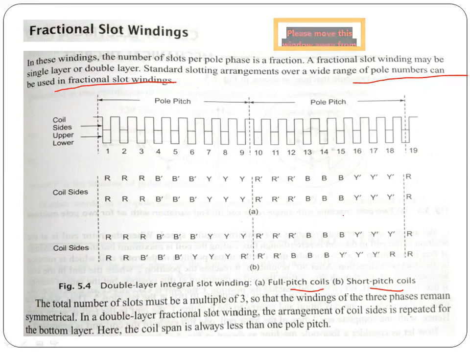So we can see that the first span, that is 1 to 9, belongs to coil sides of the upper layer.